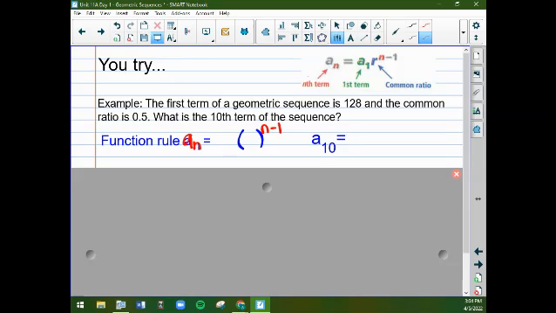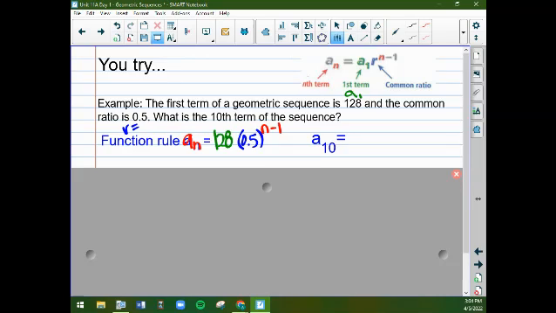So for this example, the first term is 1/28. That is my a sub 1. The common ratio is 0.5. That is my r. And I'm going to take those and put those in. So I've got 1/28 in front of the parentheses, 0.5 in the parentheses, and then to the power of n minus 1. That's the generic function rule.